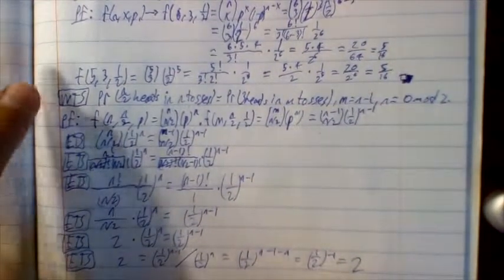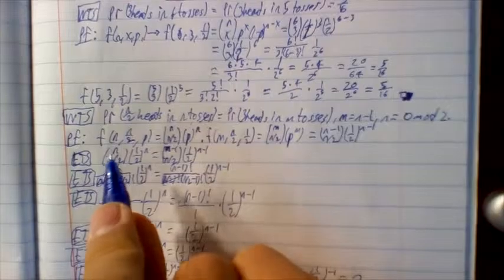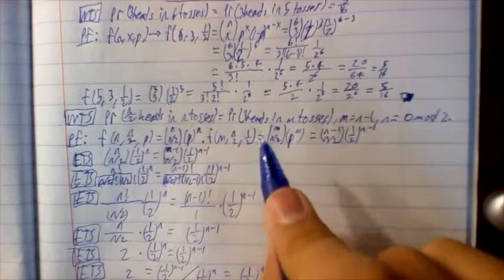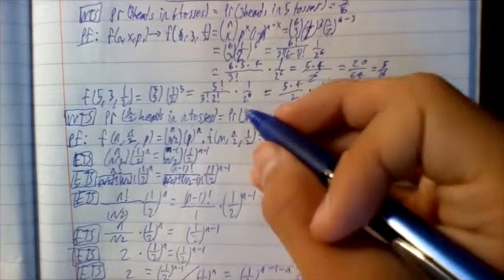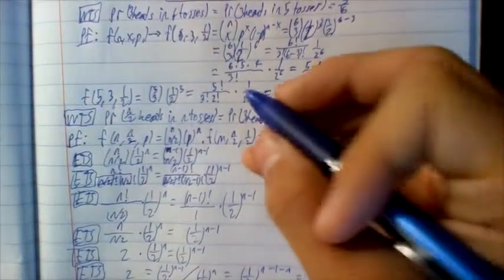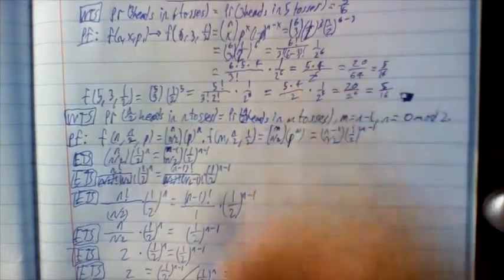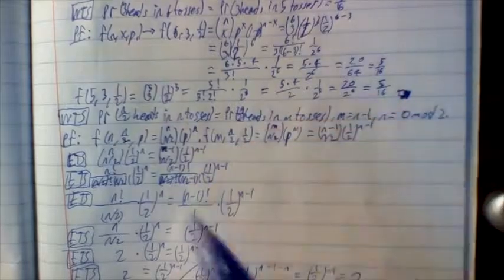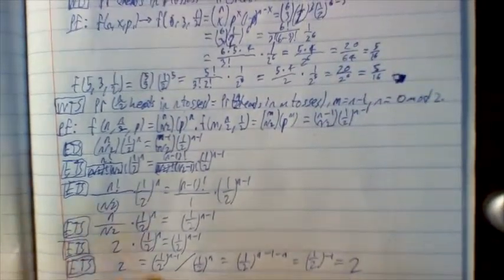Therefore, if we want to prove that the probability of n on 2 heads in n tosses is equal to the probability of n on 2 heads in m tosses, forgive me over there, it's supposed to be n on 2 heads in m tosses. Sorry about that. It's equivalent to show that 2 is equal to 2.